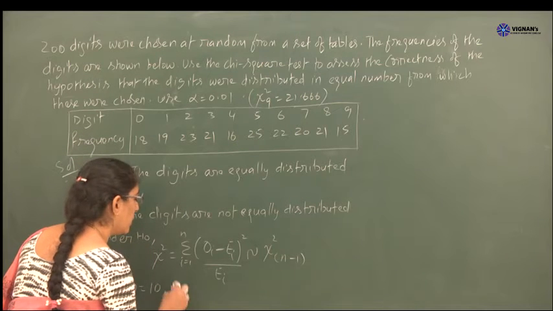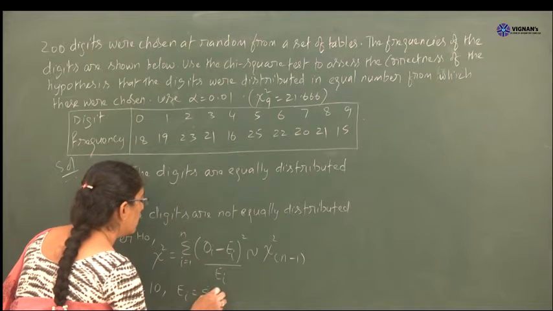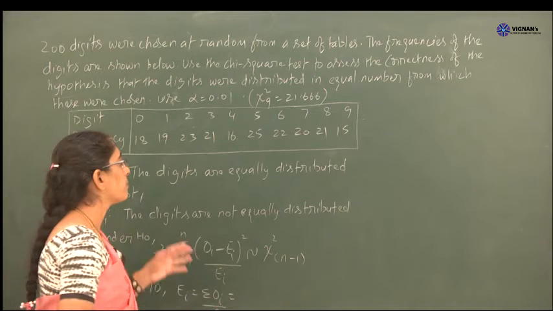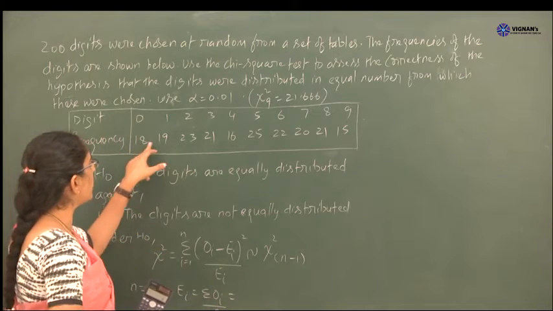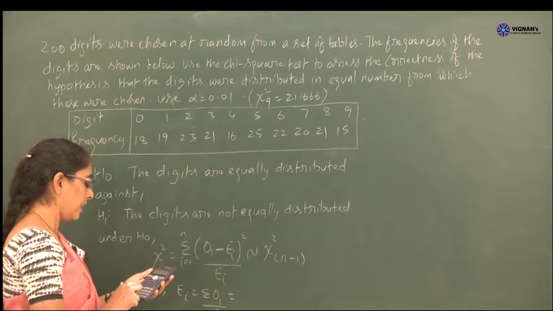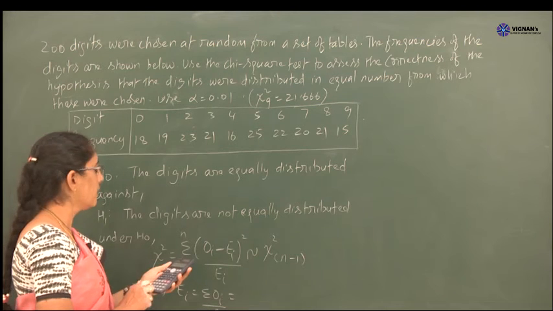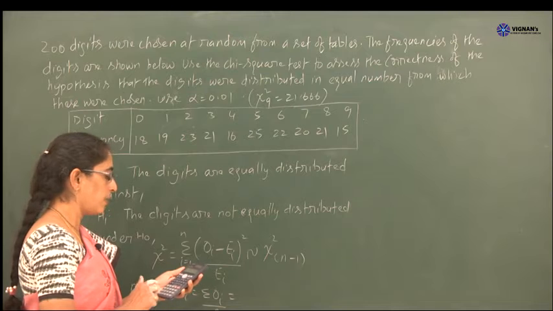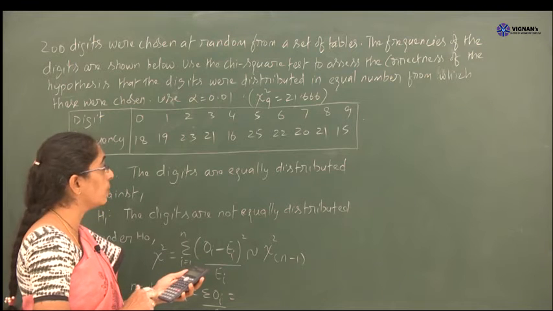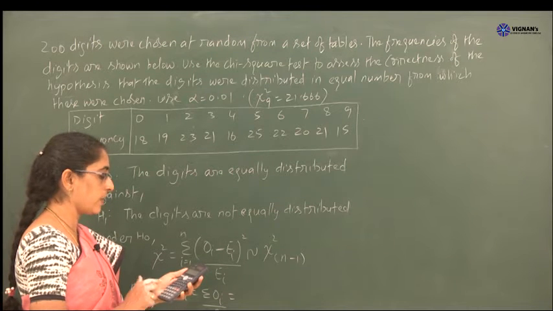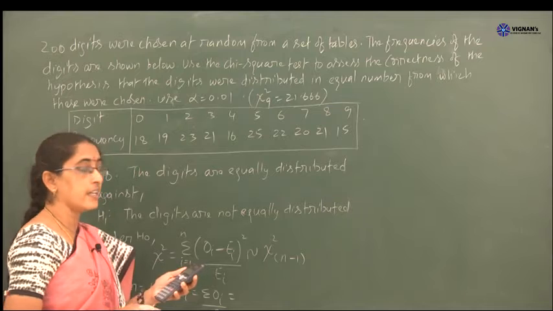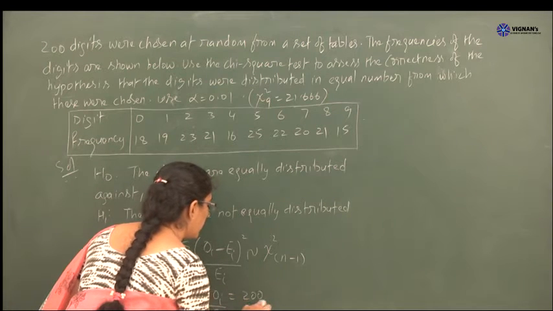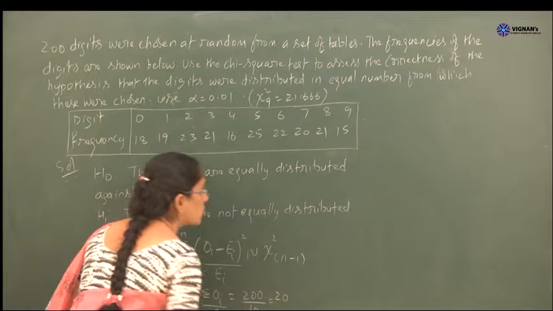And we know that Ei is equal to the sum of observed frequencies by number of observations. The sum of these frequencies is 18 plus 19 plus 23 plus 21 plus 16 plus 25 plus 22 plus 20 plus 21 plus 15, which is equal to 200. So 200 by 10 is equal to 20.